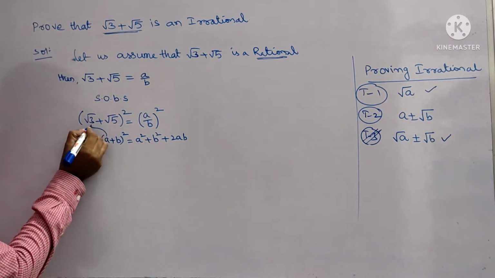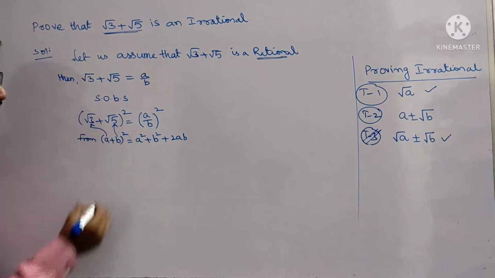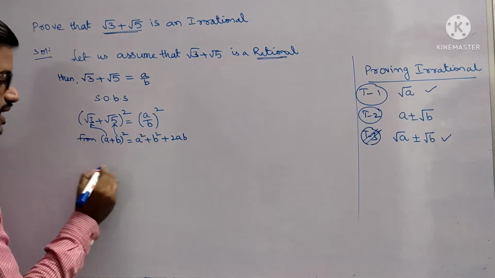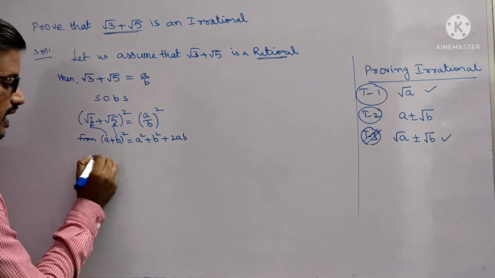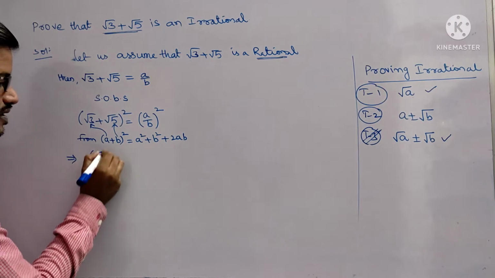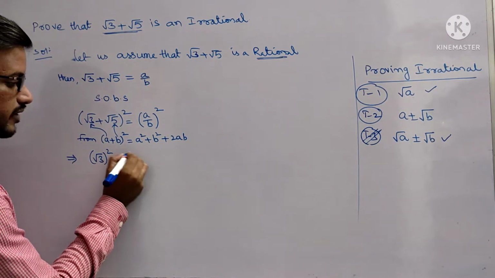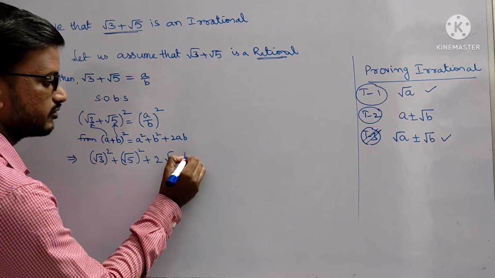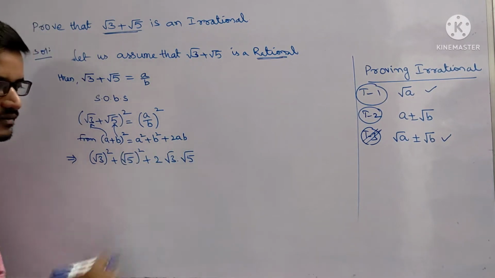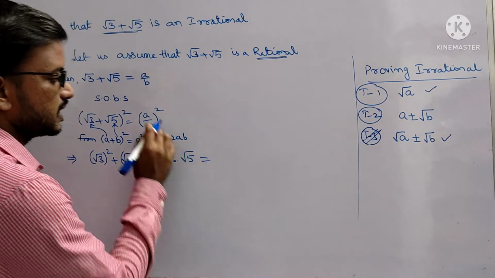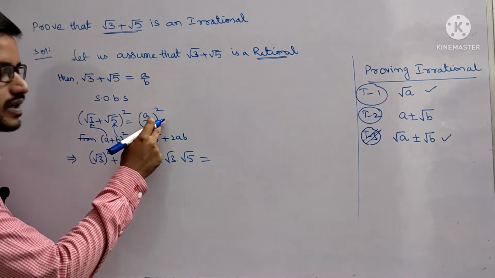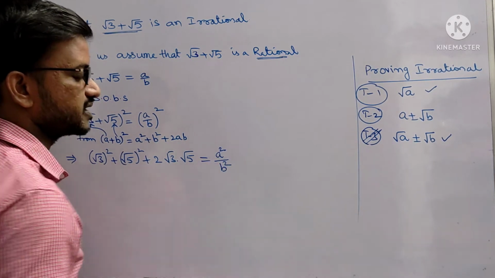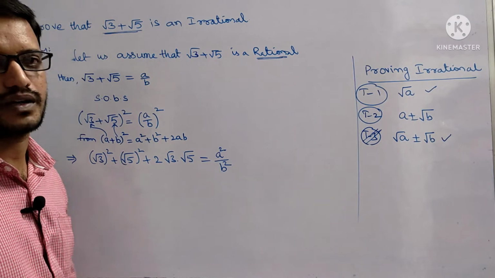In place of a we have root 3 and in place of b we have root 5. So let us substitute these values in this identity. We get root 3 whole square plus root 5 whole square plus 2 into root 3 into root 5, is equal to, on the right side, a law of exponents: a by b whole power m can be written as a power m by b power m, that is nothing but a square by b square.